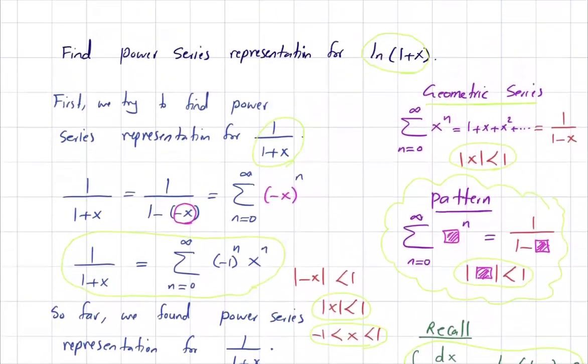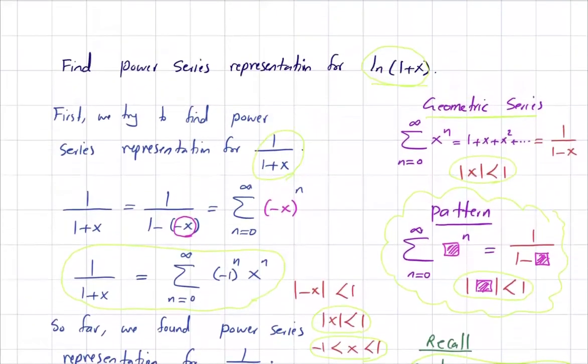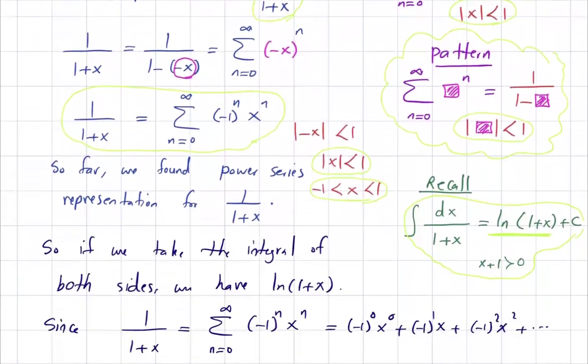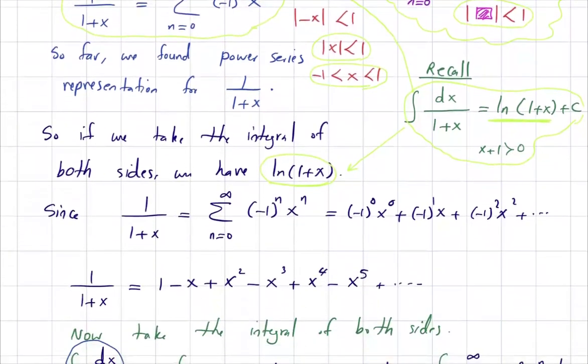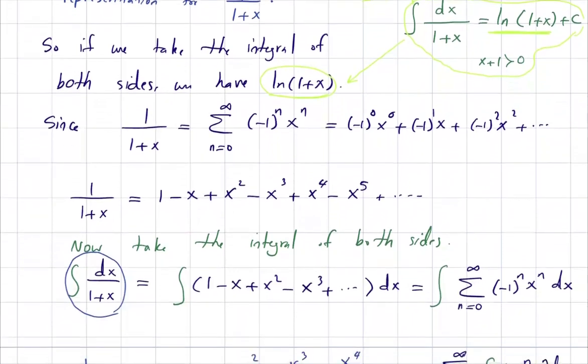So, take a look at your question again. ln of 1 plus x can be generated using the integral of this power series. So, if we take the integral of both sides, we have ln of 1 plus x. Since 1 over 1 plus x can be written as the summation of (-1)^n x^n, starting from 0 to infinity, we take the integral of all sides.